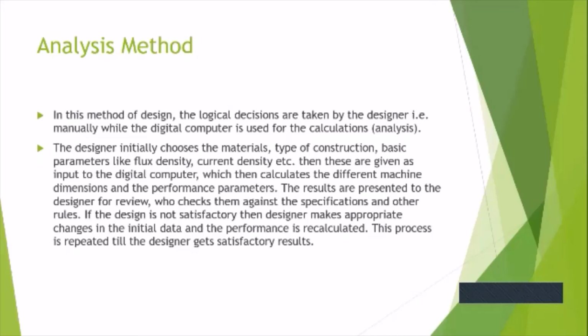The designer initially chooses the material, type of construction, and basic parameters like flux density and current density. These are given as input to the digital computer, which then calculates the different machine dimensions and performance parameters. The results are presented to the designer for review, who checks them against the specification and other rules.